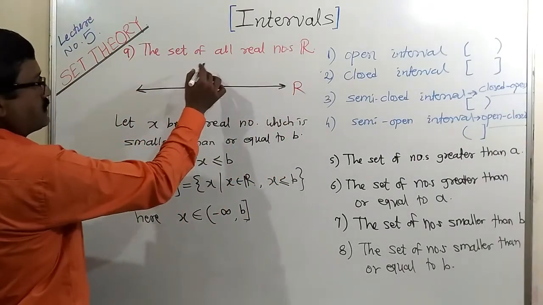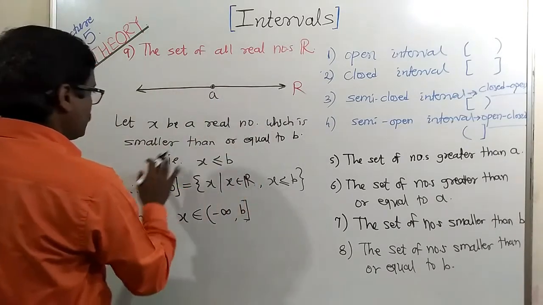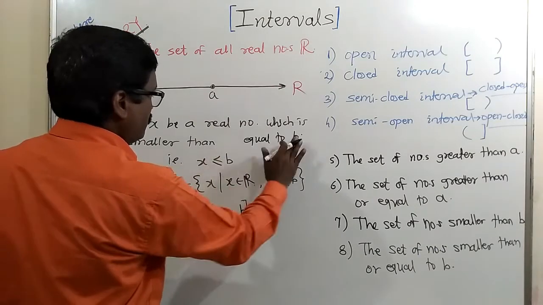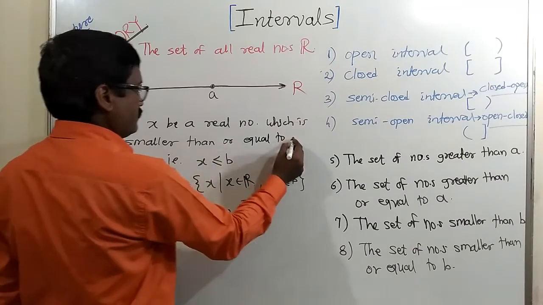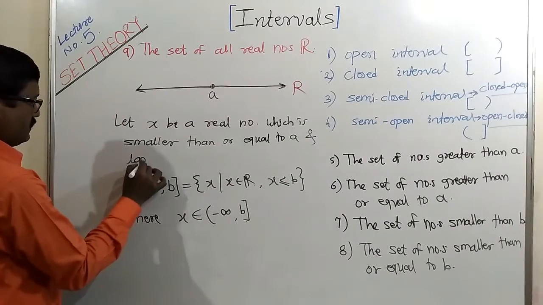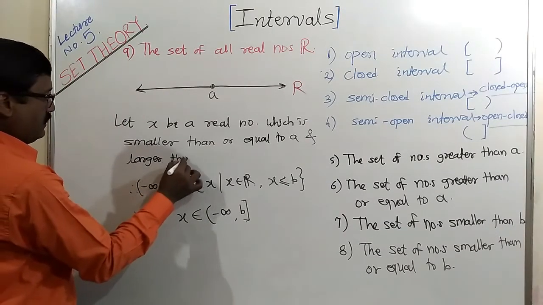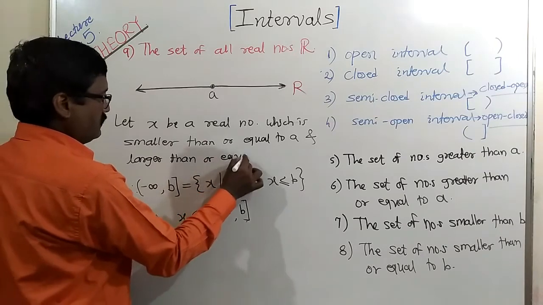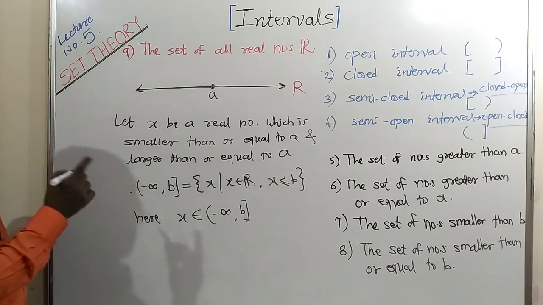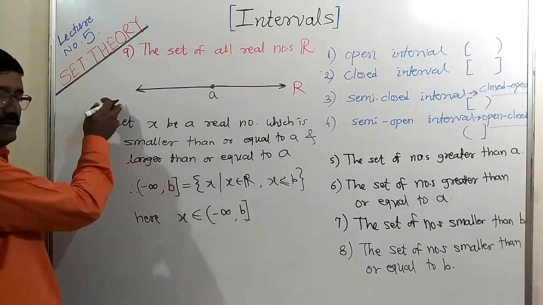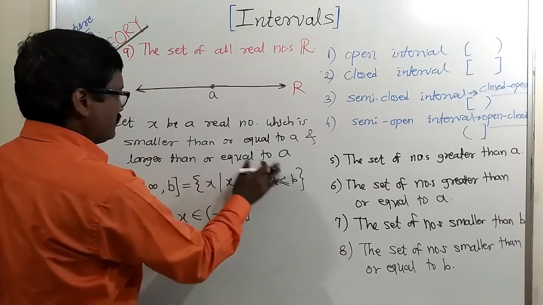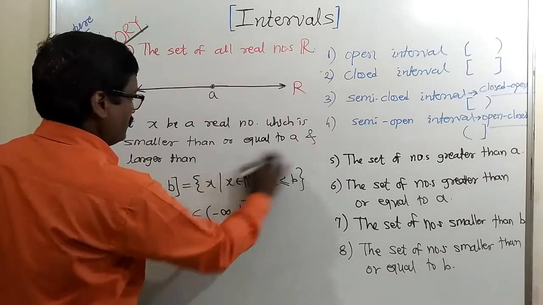Means, let x be a real number which is smaller than or equal to A and greater than or equal to A. This x is a real number which is smaller than A, means it is to the left of A, or A, and larger than A, equal to.